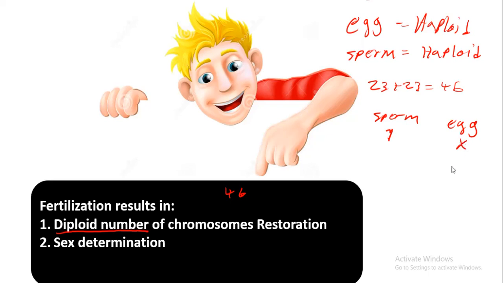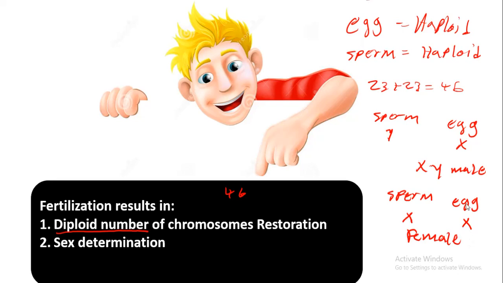When this sperm fuses with the egg, they are going to form an XY, which means that they have formed a male. In a case where the sperm is carrying the X, and the egg will automatically carry the X, it is going to form what we call the female.